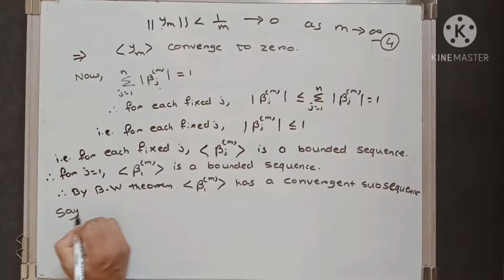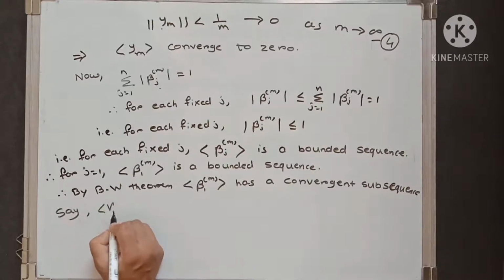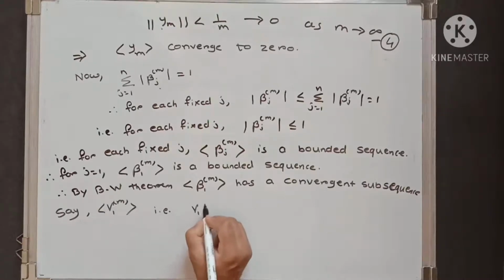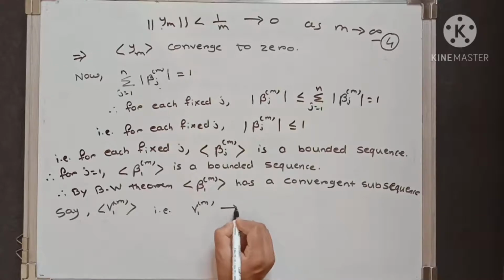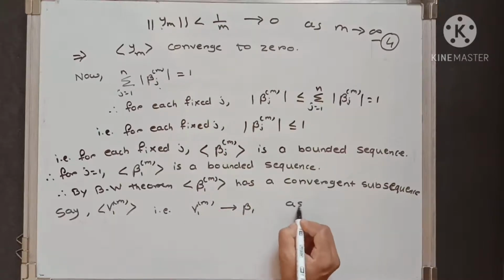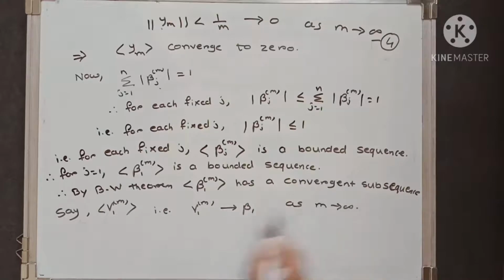Say gamma 1m, the subsequence gamma 1m converges to, we are taking that limit as beta 1. That means gamma 1m converges to beta 1 as m goes to infinity.